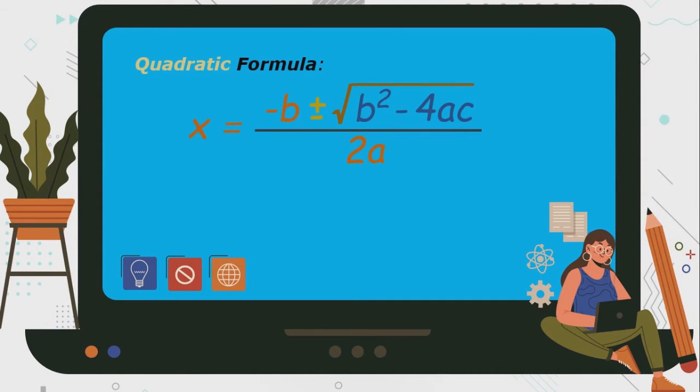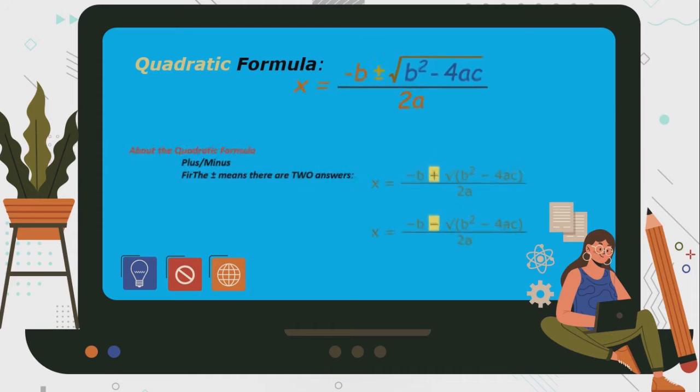Okay, first, using the quadratic formula. x equals minus b plus or minus the root of b squared minus 4ac, divided by 2a.